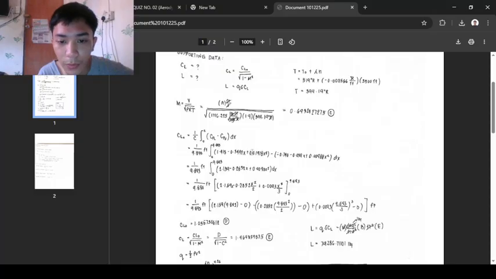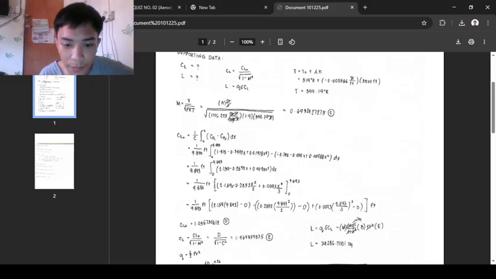Next is 0.01918x squared minus 0.00988x squared equals 0.0093x squared dx. So we can now integrate this function.